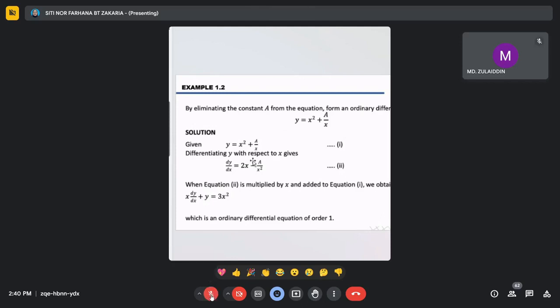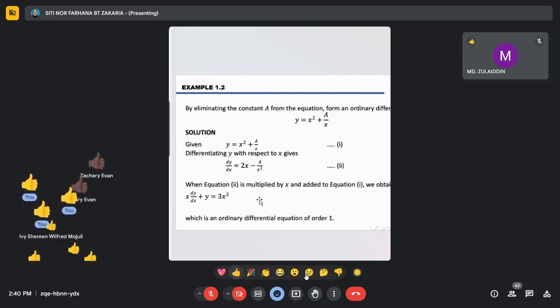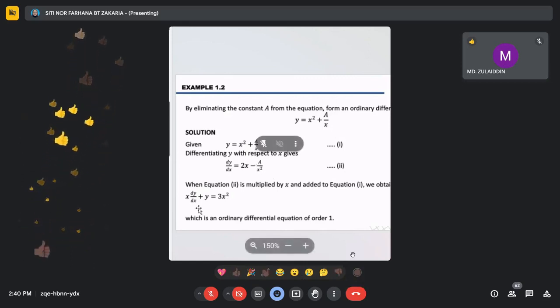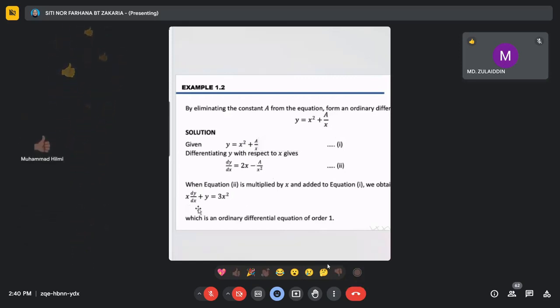Okay, so you differentiate once, and then this is your differential equation. Okay, get it? And then after you get this DE, try to rearrange it in this form, in simpler form lah. Boleh? Boleh saya move to the next example?